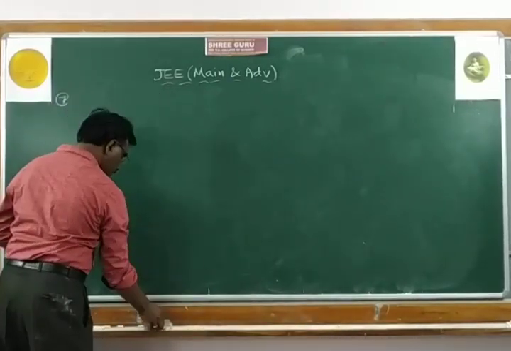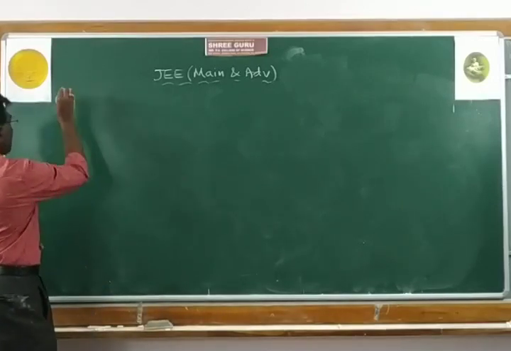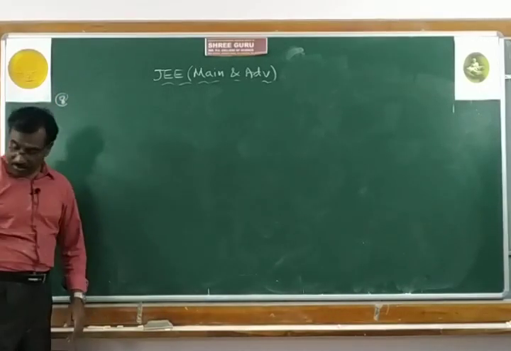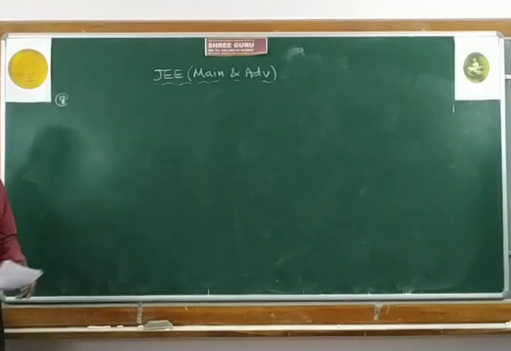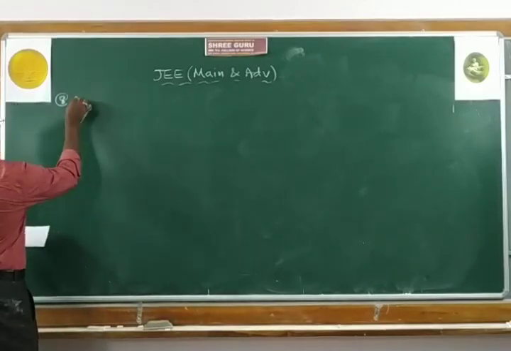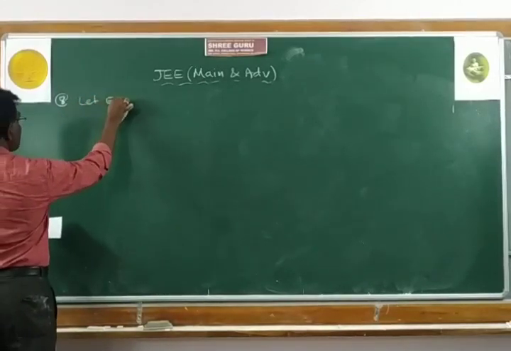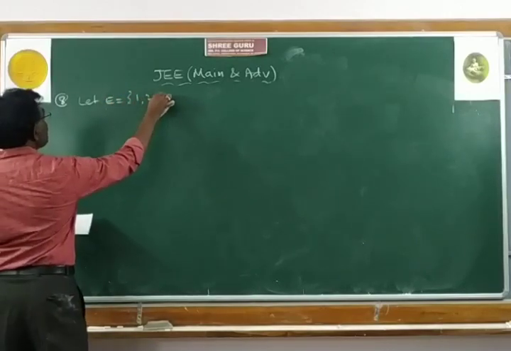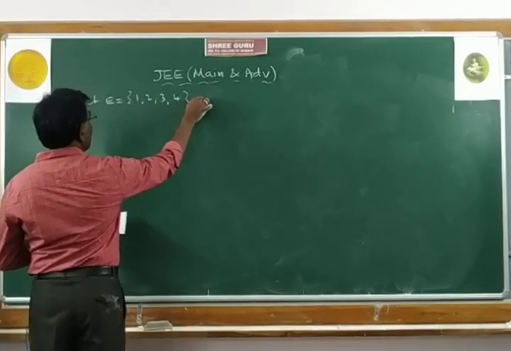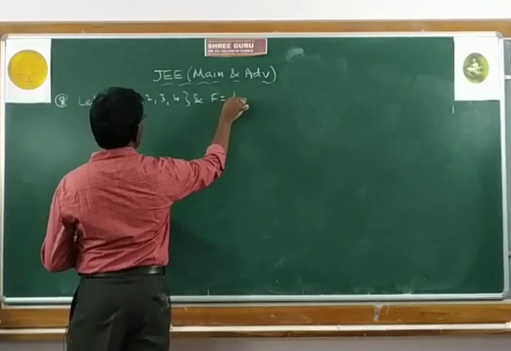Now, eighth problem. The previous problem was asked in 2001. Let E equal to {1, 2, 3, 4} and F equal to {1, 2}.